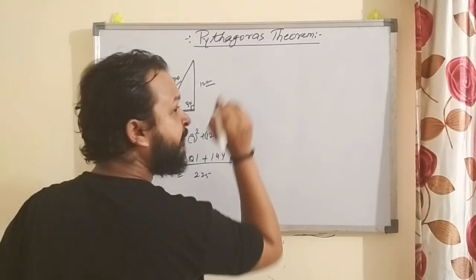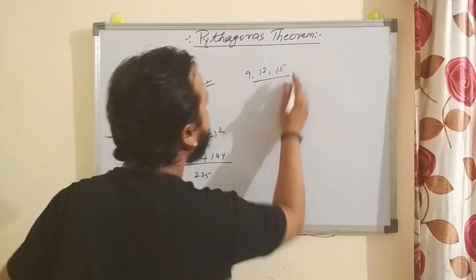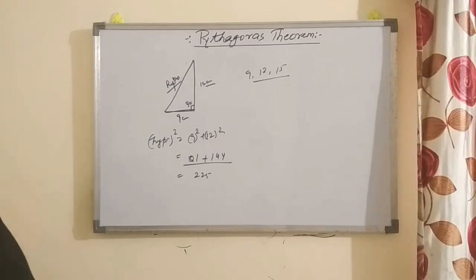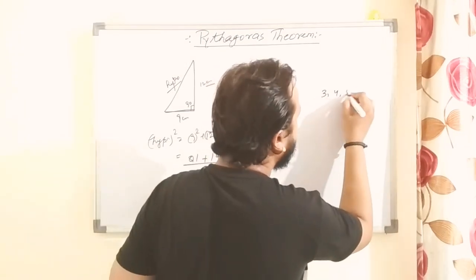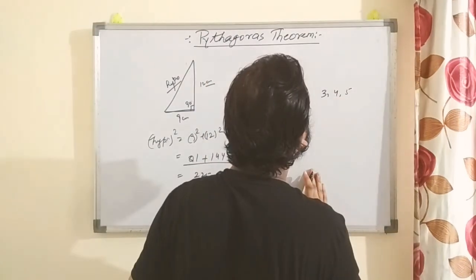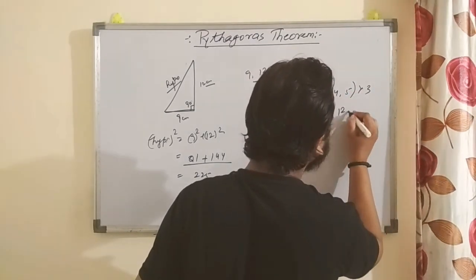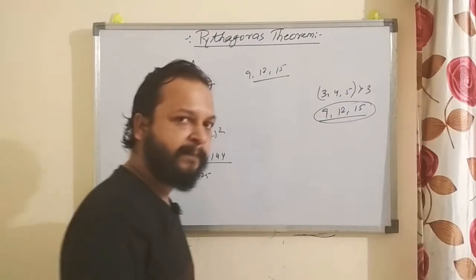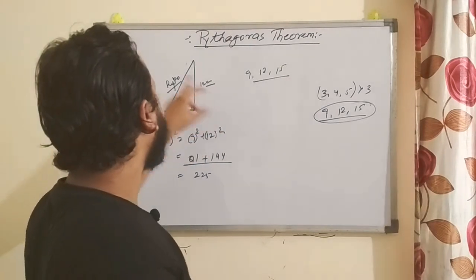So you must remember the triplet we are using, 9, 12 and 15. The first triplet I have given is 3, 4 and 5. If you multiply it by 3, 3 threes are 9, 3 fours are 12, 3 fives are 15. This is also a Pythagorean triplet, right? So if this is 9, this is 12, this must be 15.